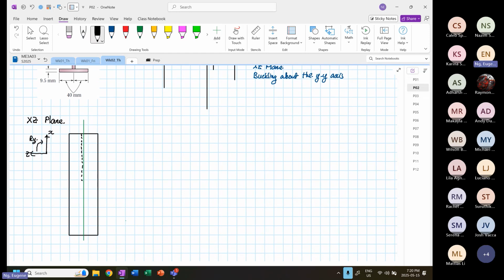Yeah, this is the web. Okay. So when buckling occurs, I'm going to draw the deformation pattern. Okay. The buckling will deform this way. Okay. And I'm going to draw the rotation about Y.